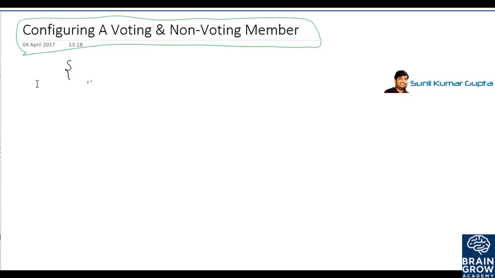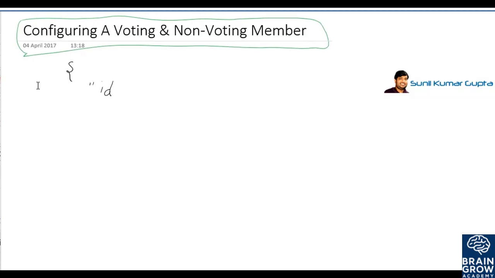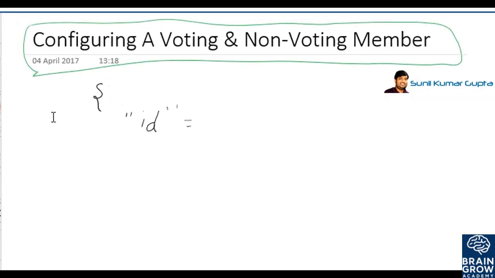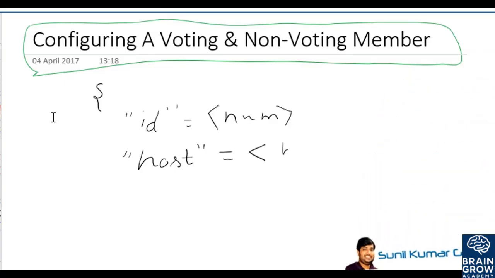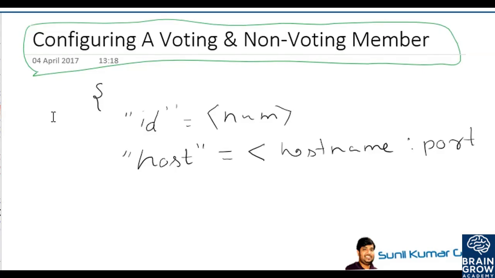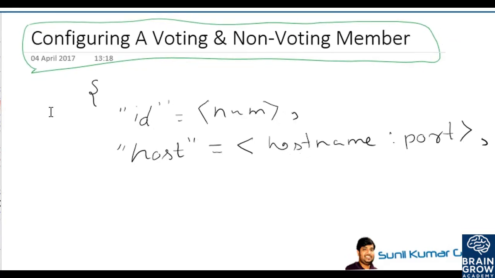So first we need to write a document, and we need to provide the _id, which will be of number type. This document ID will automatically come from MongoDB. Then we need to give the host, with the port number, that is, the host name with the port on which MongoDB is running. Then we have another attribute, arbiterOnly.